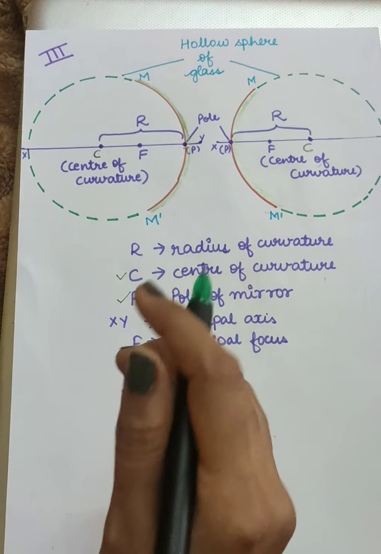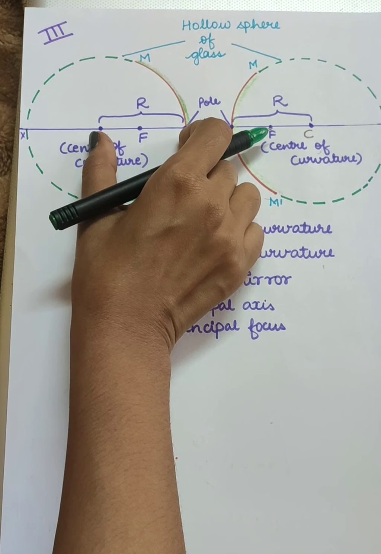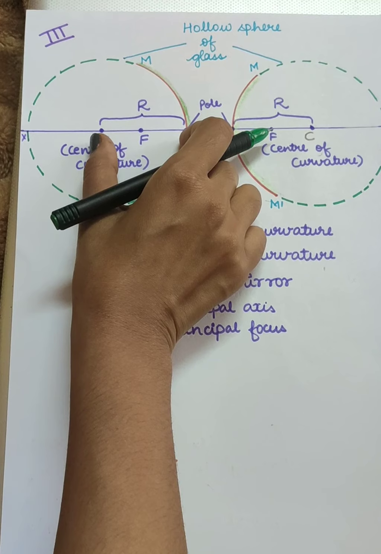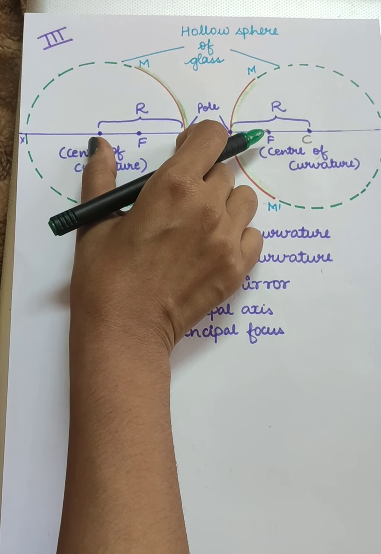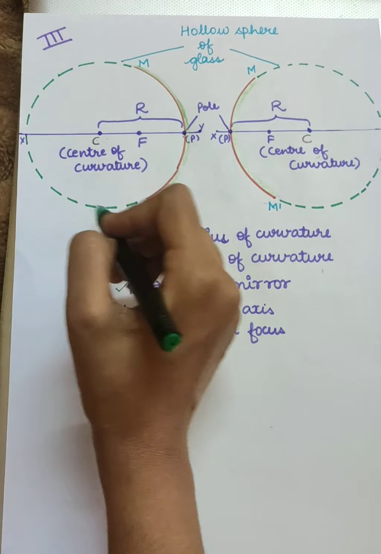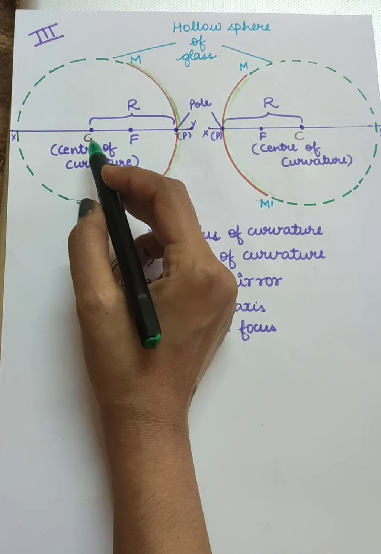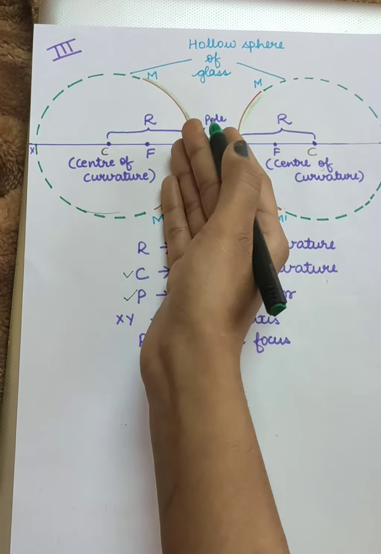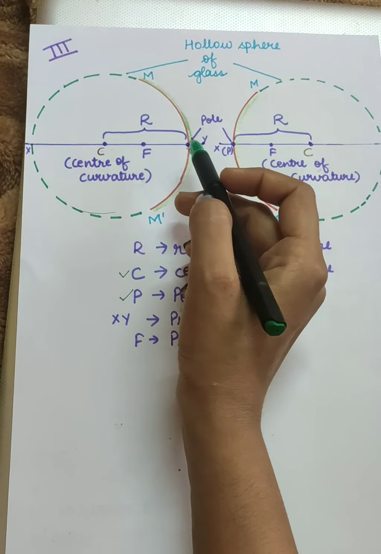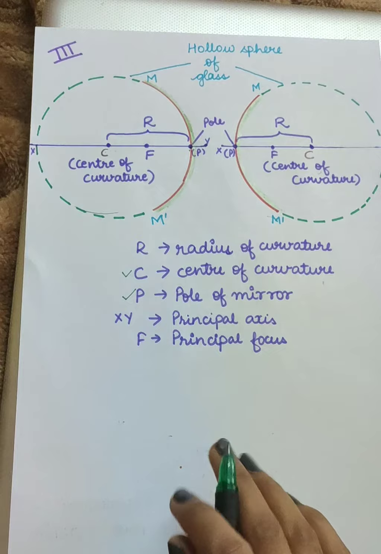Now again, we know radius represents the radius of a circle, but since we are talking about a three-dimensional figure, the radius of this sphere of which this reflecting mirror forms a part is called the radius of curvature of the mirror. If this is drawn into a 3D figure, the radius of this sphere would be the radius of this spherical mirror.